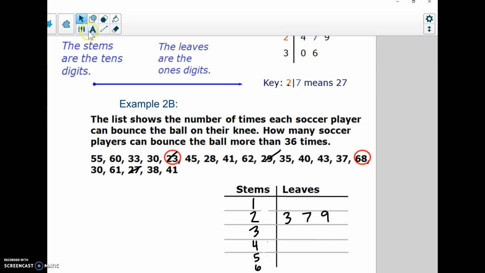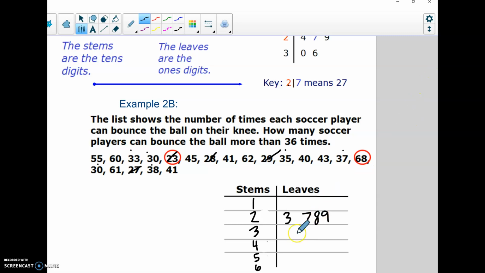Okay, now we're going to talk about the 30s. So I've got 30, 33. Oh, I missed 28 right here, so I'm going to put an 8 right there. And I've got 35, 37, 30, and 38. So my smallest is 30, and I have 30 twice.